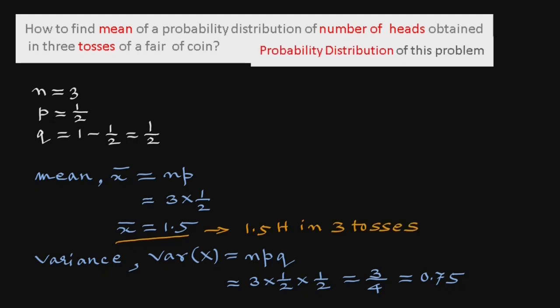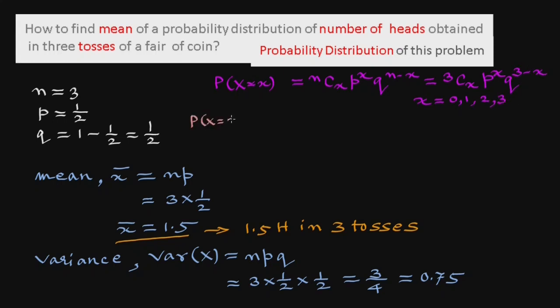Now let's write the probability distribution of this problem. We have P(x) equals nCx p raised to x q raised to n minus x. After putting the values, 3Cx p raised to x q raised to 3 minus x, where x is 0, 1, 2 and 3. P(x equals 0) is 3C0 half raised to 0 half cube. 3C0 is 1, half raised to 0 is 1, half cube is 1 upon 8.